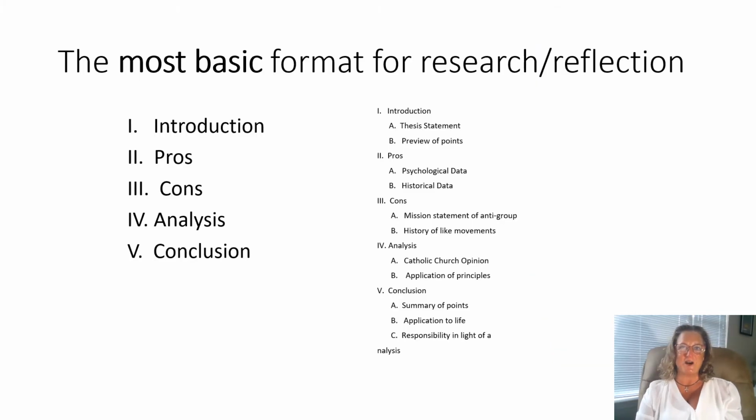All right, the most basic form of any outline, and if you haven't done this before, you should use this basic form in all your future letters that you write, professional letters, essay questions. You should think to yourself, I need to have these main points. I need to have an introduction, which includes your thesis statement and the preview of points. Then you have the main body.